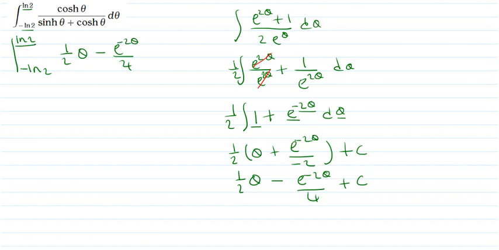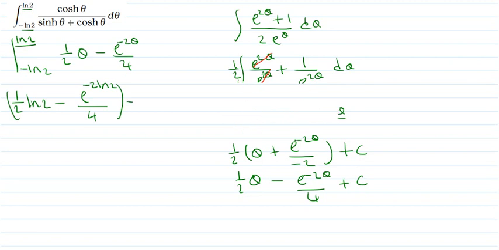So using the upper limit, we're going to have 1 over 2 [natural log of 2 minus e^(-2 ln 2) over 4]. Then here we're going to subtract the lower limit, so it's going to be minus open 1 over 2.